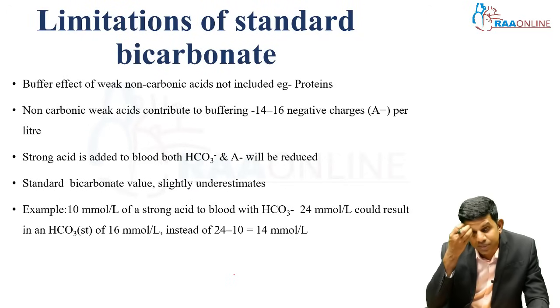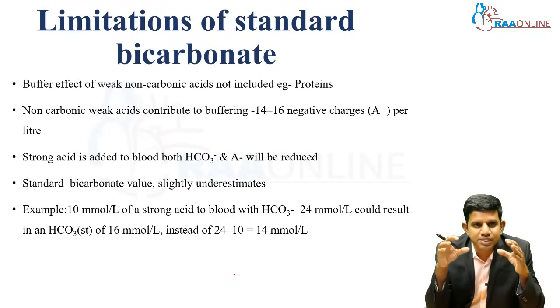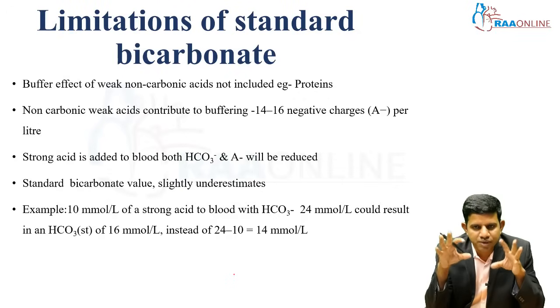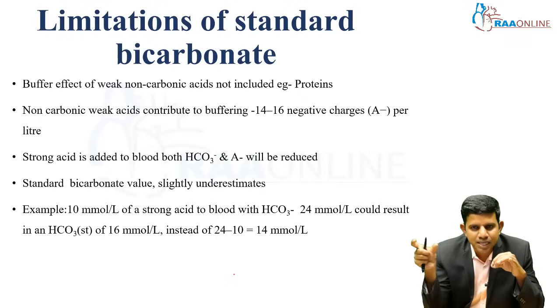We all know, in the previous class on acid-base balance, we discussed what a buffer system means. For any change in the acid-base system in our body, the buffer will prevent extreme changes. For example, if I add some amount of acid to the body, immediately the buffer system will come and neutralize that acid, to prevent the pH from changing dramatically. It is called the buffer effect.